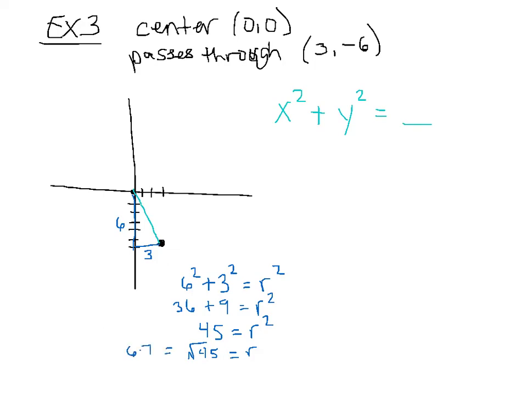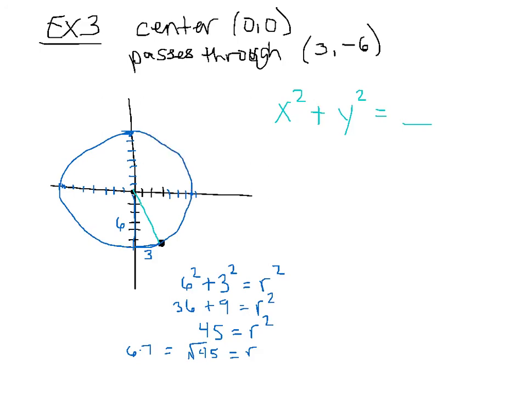Okay, so if we want to graph this out, we count 1, 2, 3, 4, 5, 6, almost 7, in each direction. That way we can finish the circle graph.